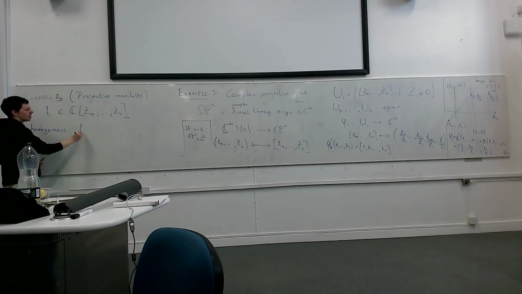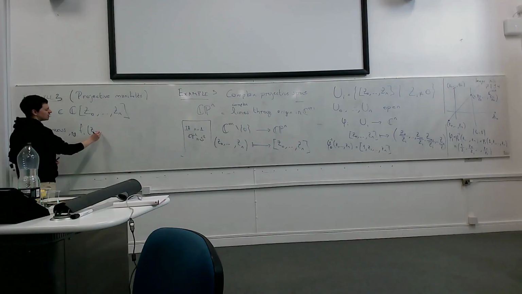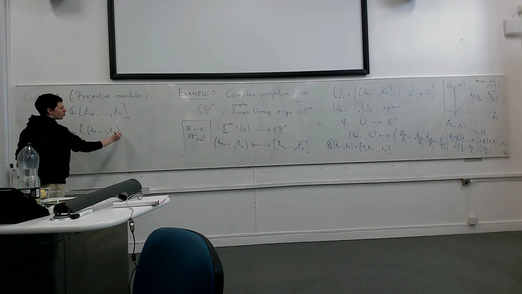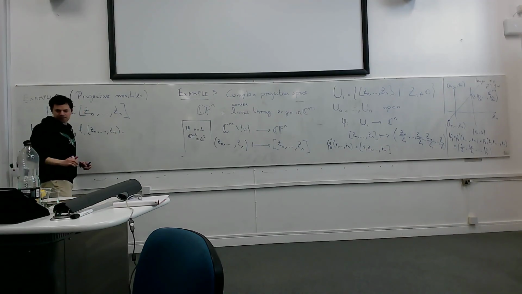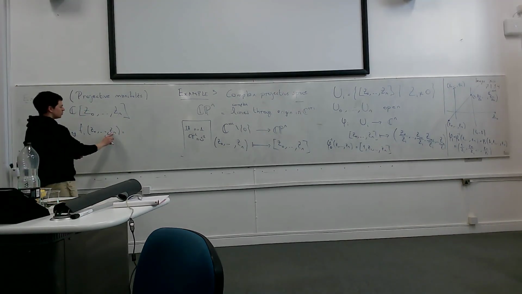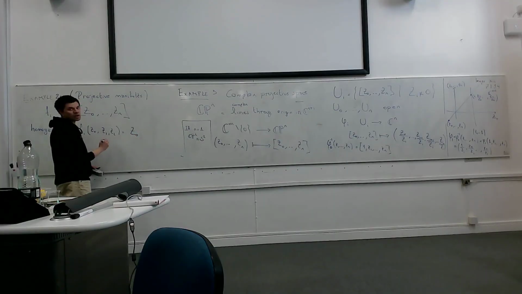What does it mean to be homogeneous? f_i is a sum of monomials, but all these monomials need to have the same degree.